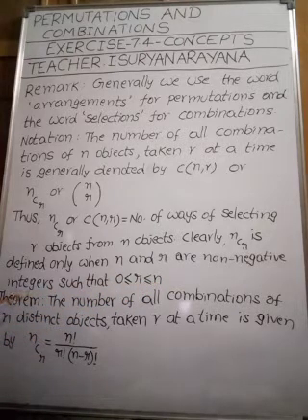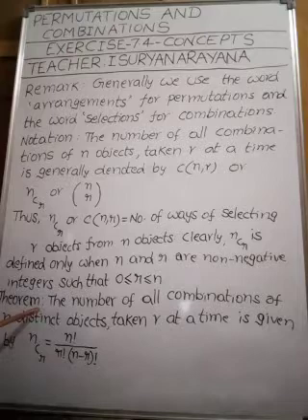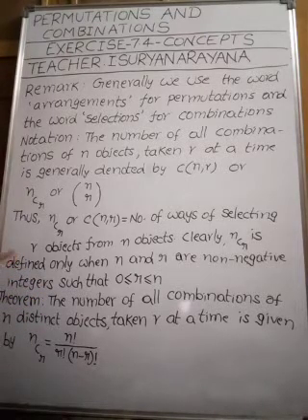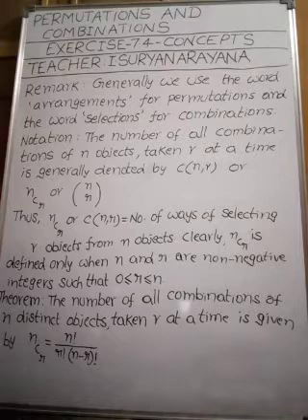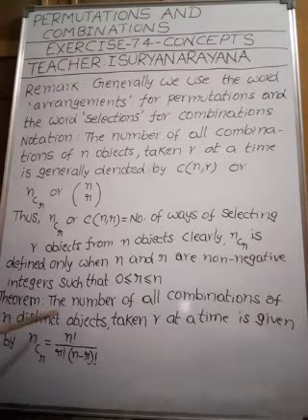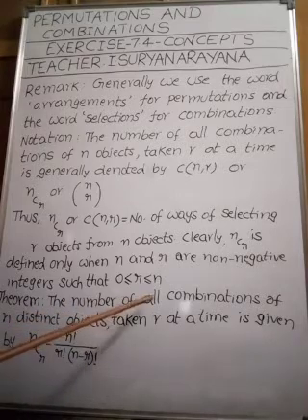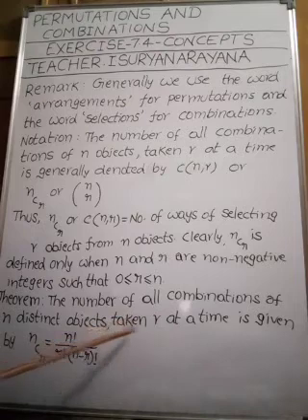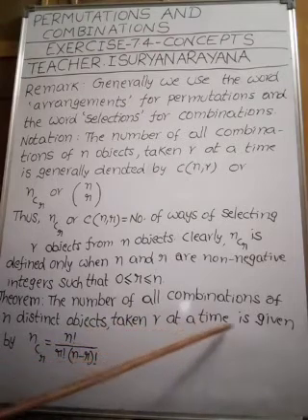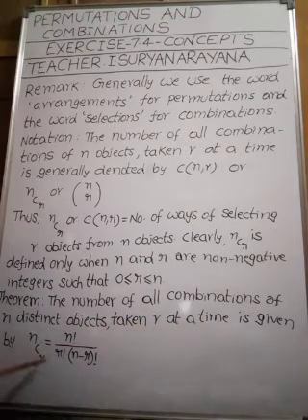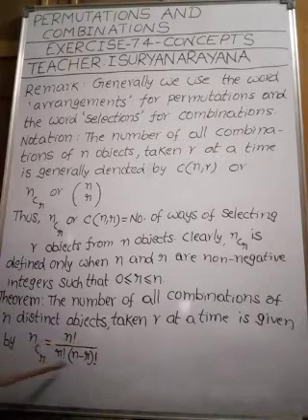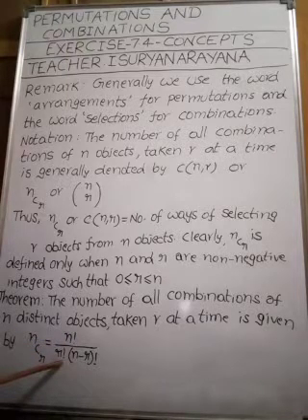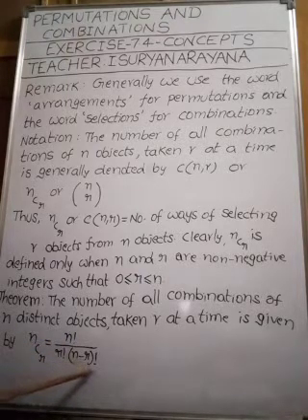Right. Now come to the theorem. Theorem is nothing but the formula to find the number of combinations of n different objects taken r at a time. See the formula: the number of all combinations of n distinct objects taken r at a time is given by nCr is equal to n factorial by r factorial into n minus r factorial.